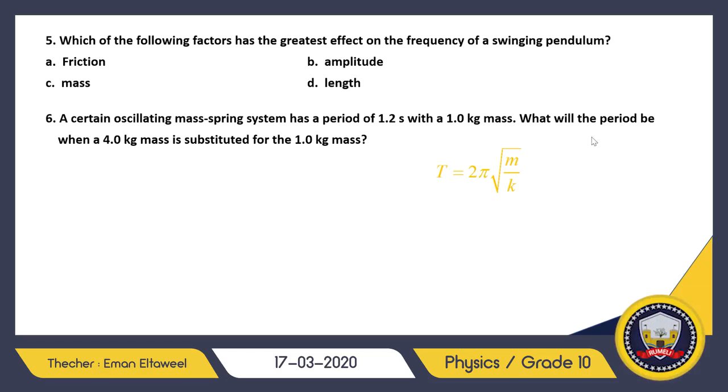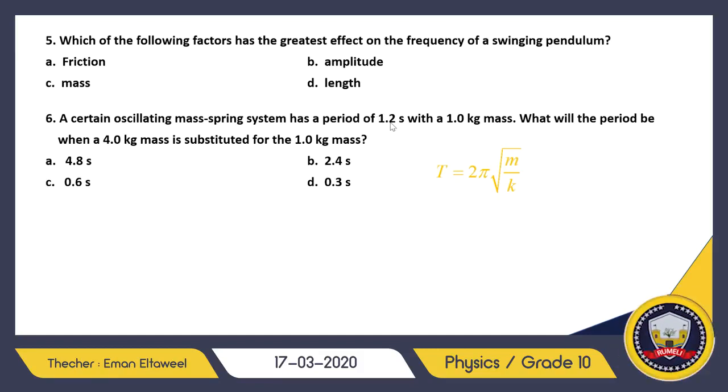Then the value of the period will be doubled. 1.2 seconds will become 2.4 seconds. Why? Because 4 under the square root becomes 2. Twice the value of 1.2 seconds equals 2.4 seconds.